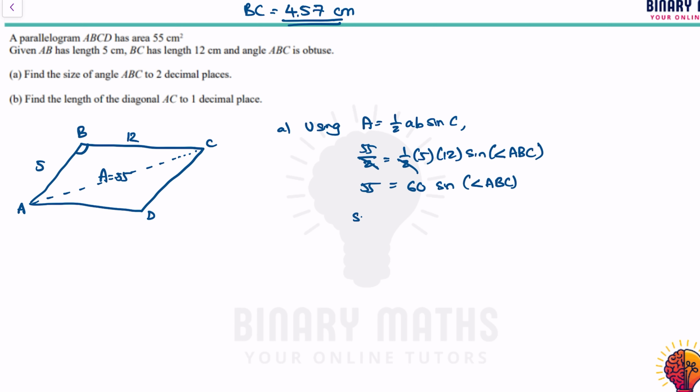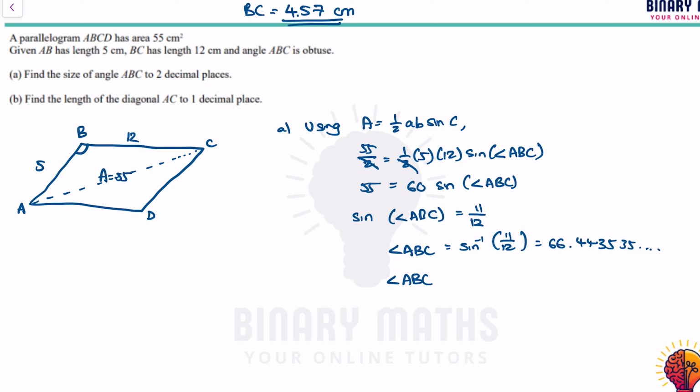That means the sine of angle ABC must be equal to 55/60, which is the same thing as 11/12. So angle ABC must be equal to inverse sine of 11/12, which is equal to 66.443535, going on endlessly, which means angle ABC must be equal to 66.44 degrees to 2 decimal places.